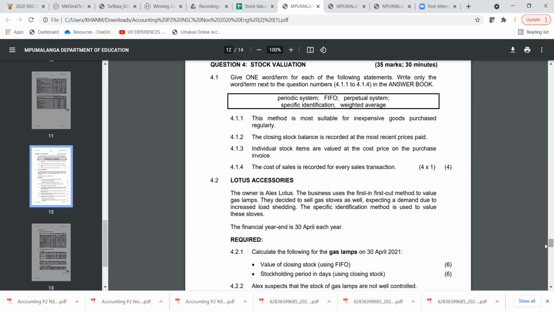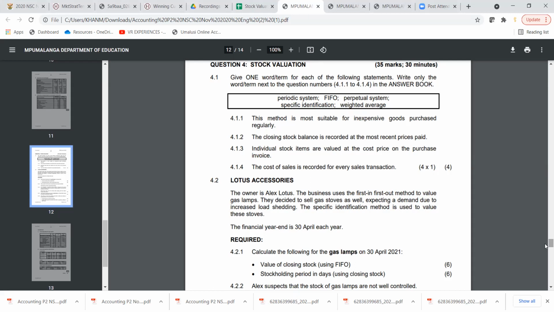Whereas with the periodic system, we do not touch cost of sales. We only calculate cost of sales at the end of the reporting period, which for our purposes is the end of the financial year. So when we buy inventory, we don't take it to inventory, but rather to a purchases account.